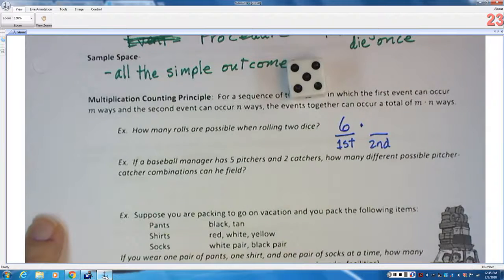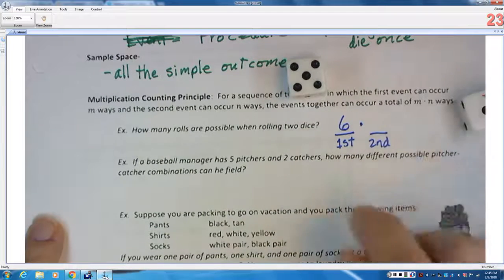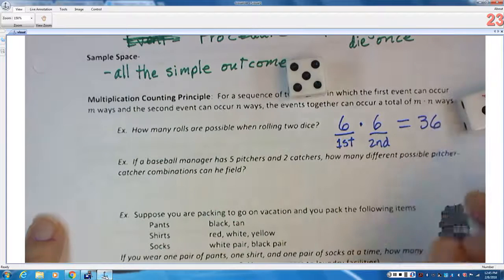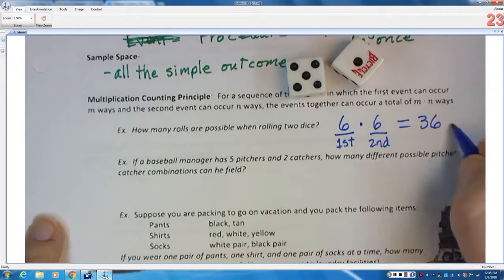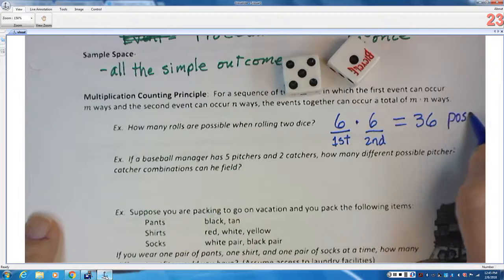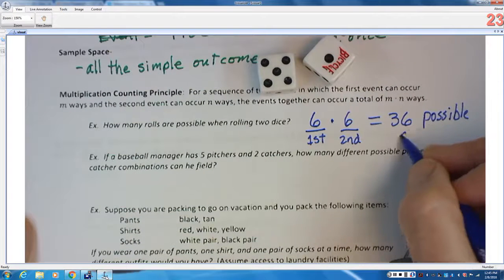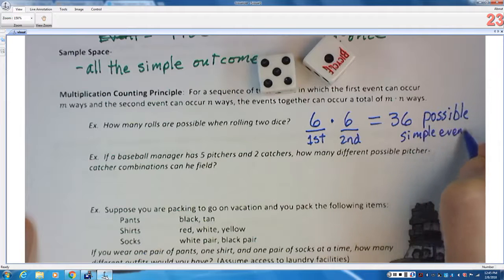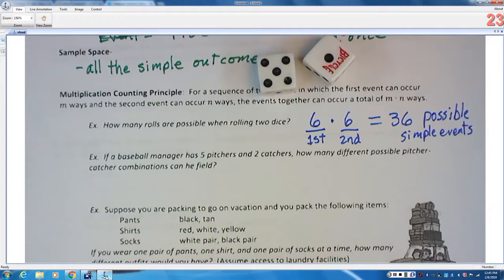How many possibilities on the second one? 6. So 6 times 6 is 36. There's 36 possible rolls. Doesn't mean we get 36 different numbers, but we get 36 possible simple events or outcomes.